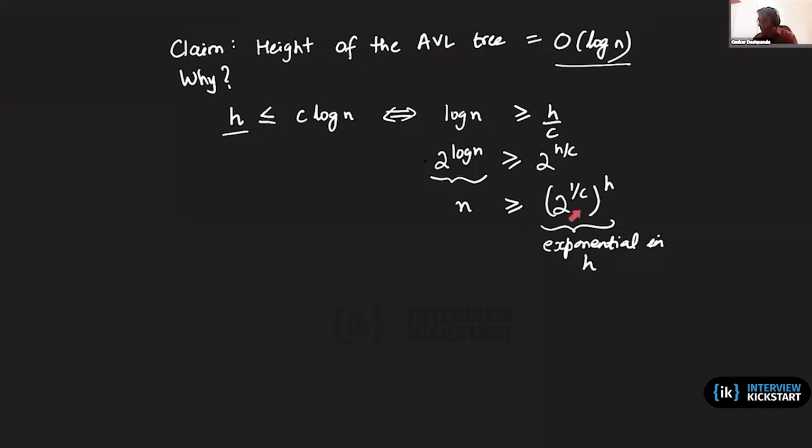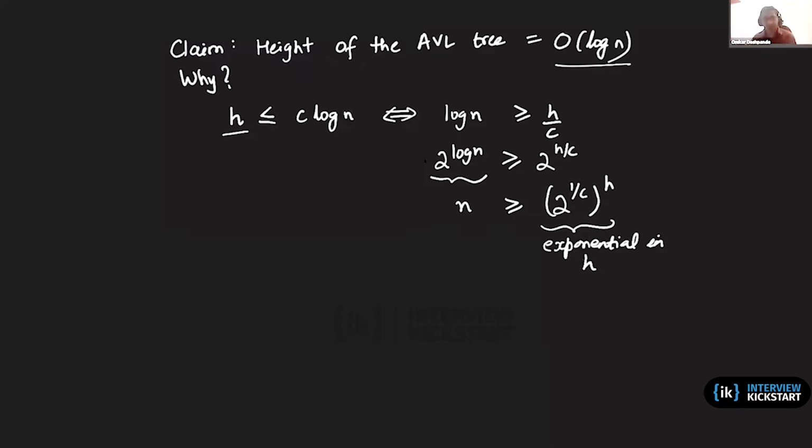So this number will be more than 1, and so this number raised to the power h is guaranteed to grow exponentially with h. So to prove that the height of the tree is order log n, we will try to prove that the number of nodes in the tree is at least some exponential function of h, and that will effectively prove that the height is order log n.